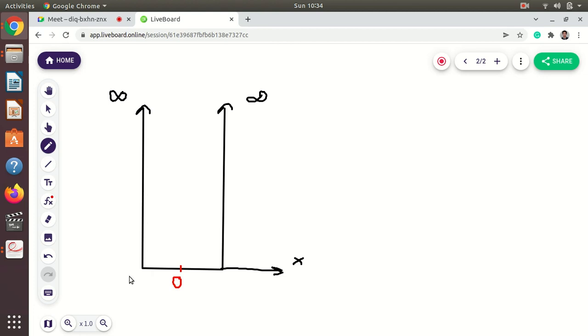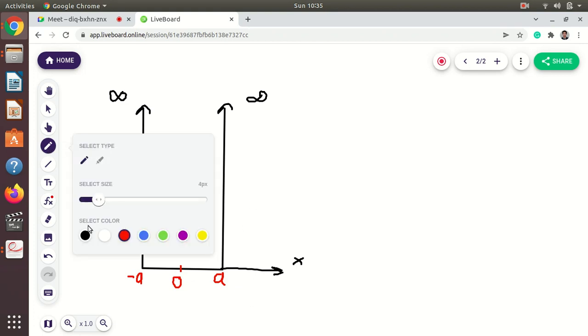Therefore I can name this part minus a and plus a, or in some cases this is called a symmetric potential, because on the left hand side and on the right hand side of the origin the potential is symmetric. Up to a this is zero potential, so inside there is no potential.